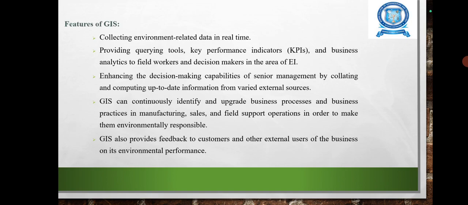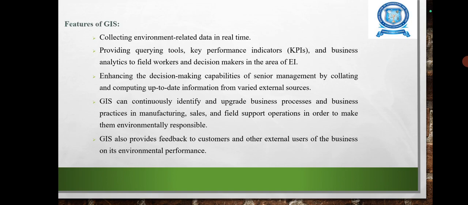Here we have some steps that should be followed. Collecting environment related data in real time, providing coding tools, key performance indicators, and business analytics to field workers and decision makers. In the area of AI, enhancing the decision making capabilities of senior management by collecting and computing up to date information from varied external sources.